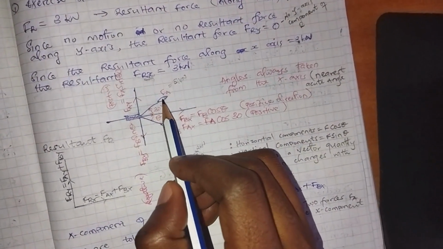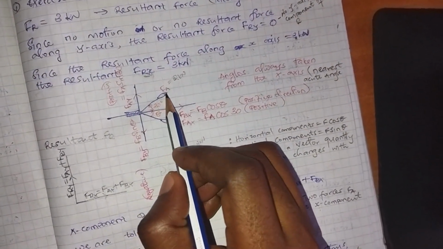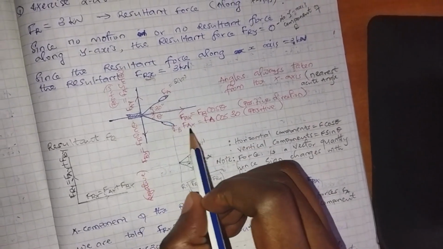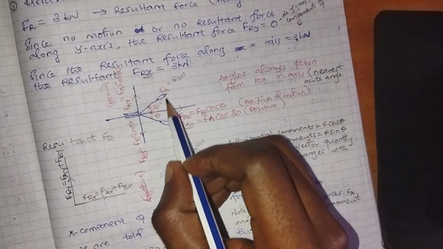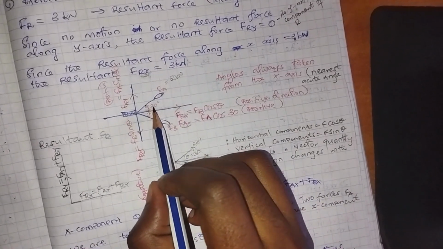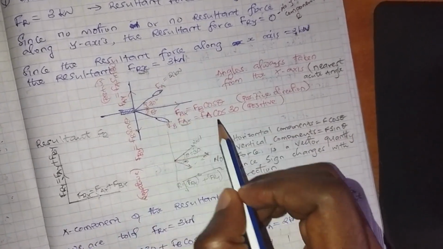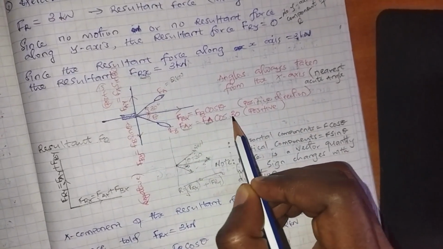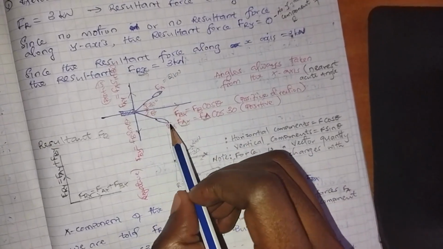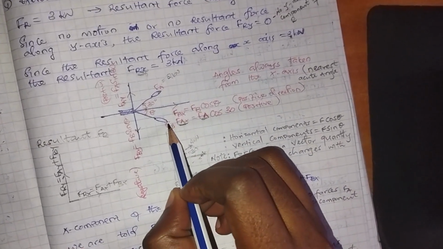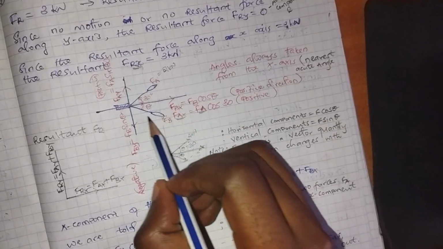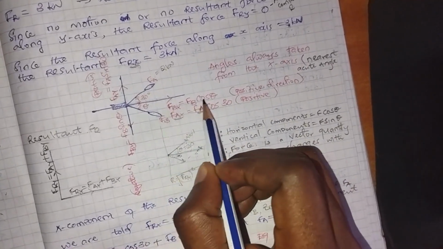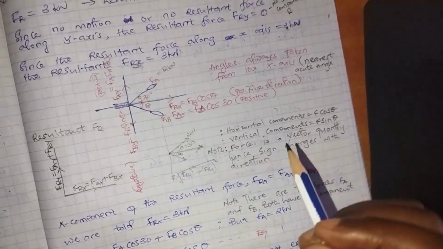Now I've decomposed this force into x component and y component, whereby I have Fax, the x component, given by the cosine of this angle, which equals Fa, the magnitude of that force, which is 2, times the cos of that angle. And for the other one, the x component of this force will be given by Fb, the magnitude of this force, and the cos of this angle, which is unknown at this point.